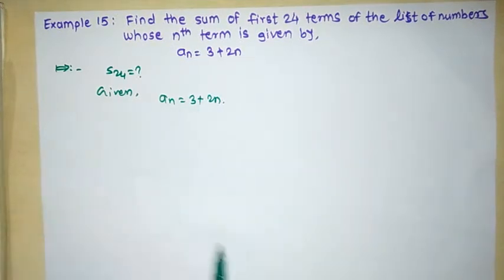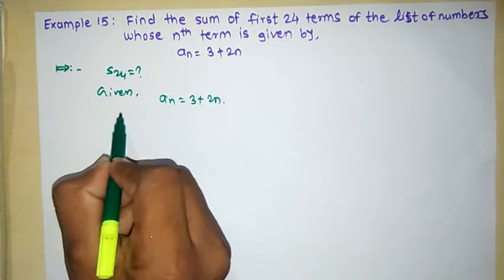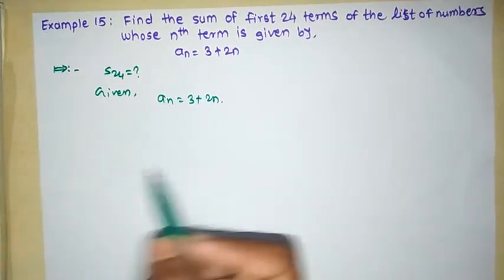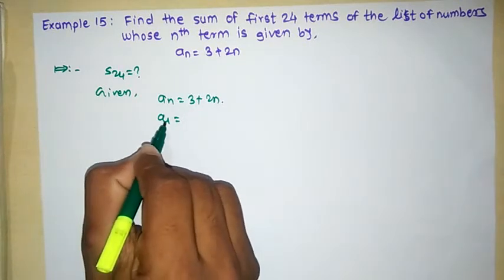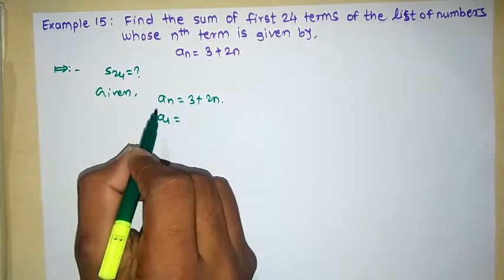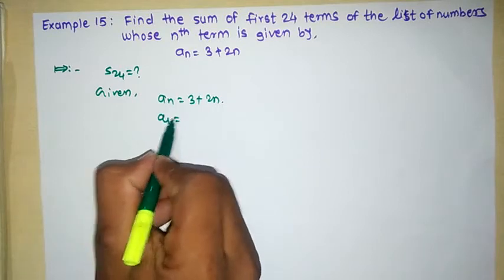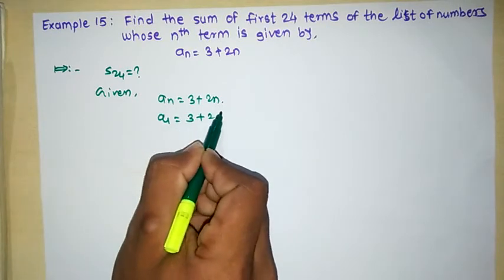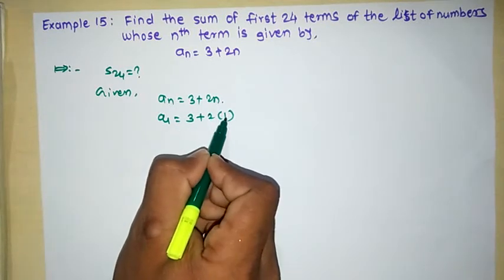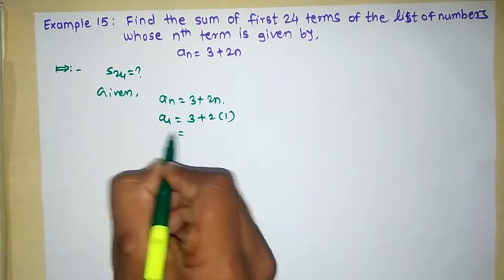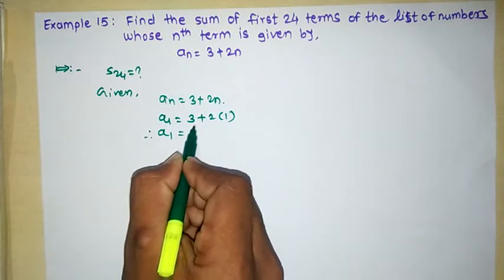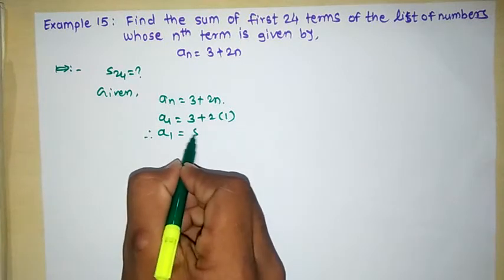If we consider the first term, that is a1, for finding a1 we have to put the value of n is equal to 1. That is 3 plus 2 into 1. Instead of n, we write 1 because we are finding the first term. Therefore a1 is equal to 3 plus 2, which is equal to 5.